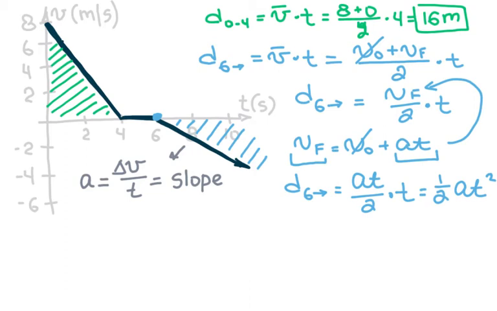So I have acceleration is equal to, if I look at this triangle right here, my rise is 4, and my run is also 4. So that is negative 1 meter per second squared.